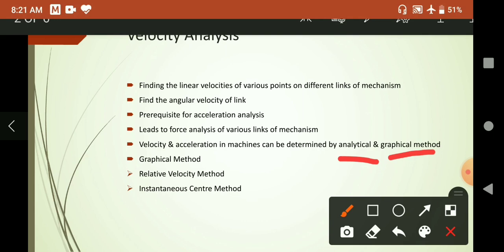There are two types of graphical methods to find the velocity of a point in a mechanism. One is known as the relative velocity method, and the other one is known as the instantaneous center method. So first we are going to discuss the relative velocity method, and thereafter we'll be discussing the instantaneous center method.